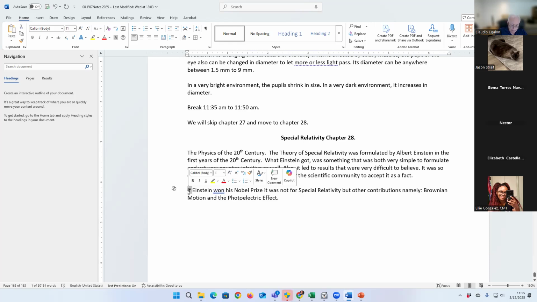Let's put it this way, the Nobel Prize Einstein won was for his contributions to Brownian motion and the photoelectric effect.